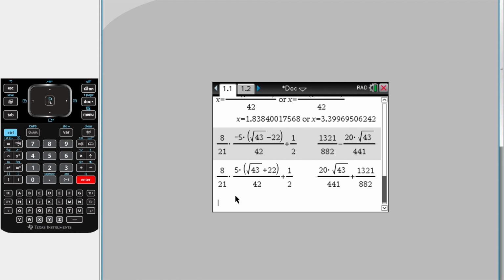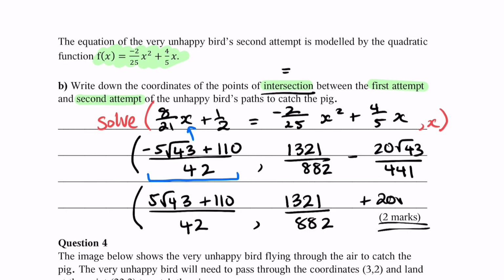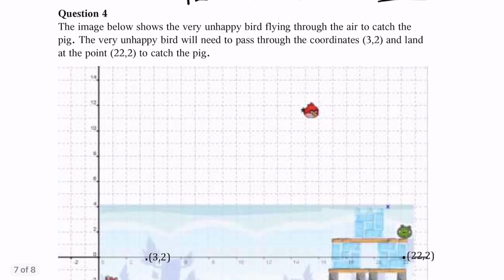I get, just to keep it consistent, 20 root 43 on 441. All right, what do we think of that? That's pretty crazy, but that is the answer. So that's how you use your calculator. That's why you need your calculator, because there's no chance that we're doing this by hand.